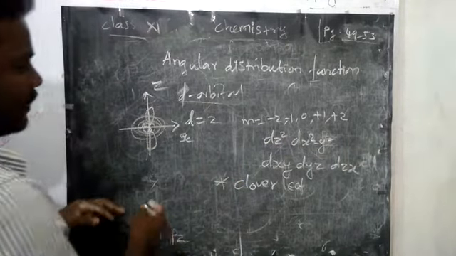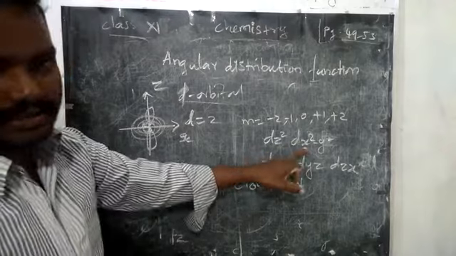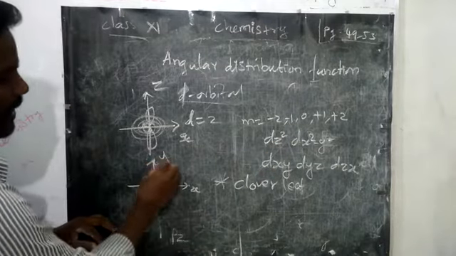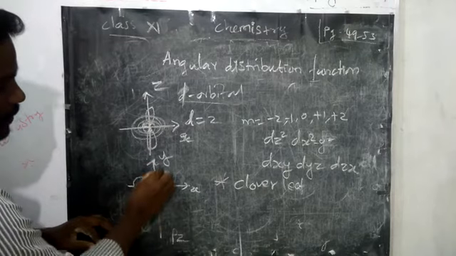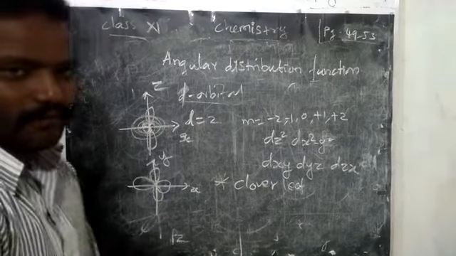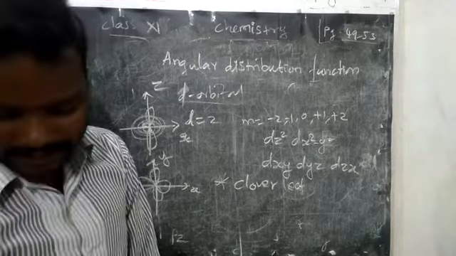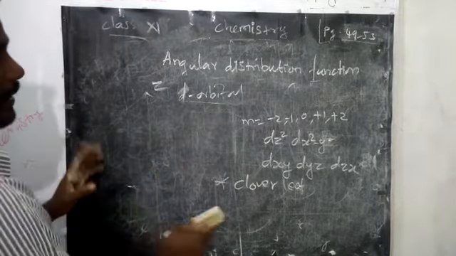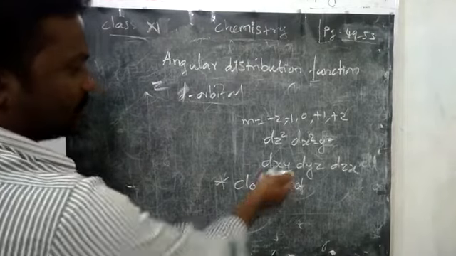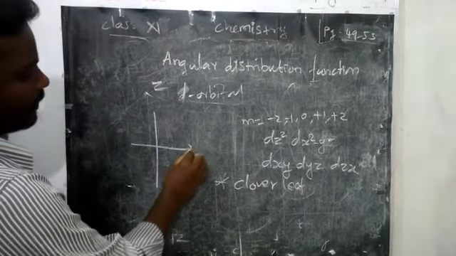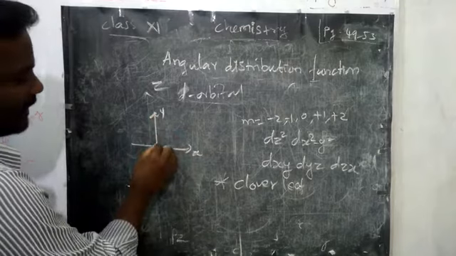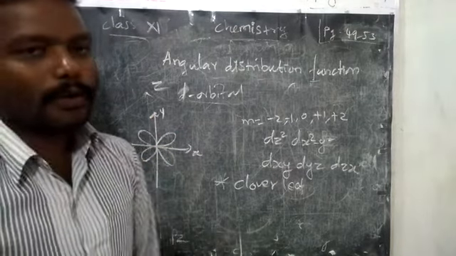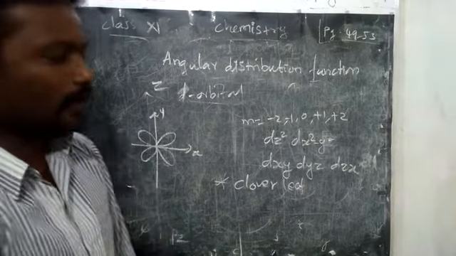Then dx square minus y square is along the axis. In the same way, along the x axis and y axis we have the clover leaf shape; that is the x square minus y square arrangement. But all other arrangements are in between the axes. For example, dxy: in between the x and y axis you have to draw the dumbbell shape, that means a clover leaf shape.